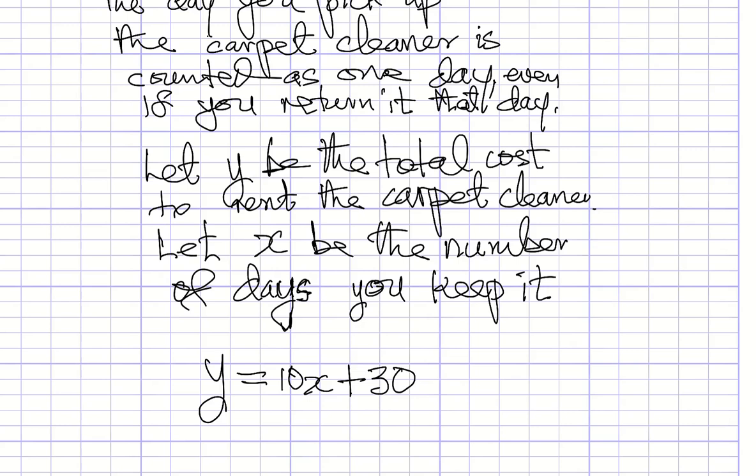That's the general equation. The y is the total cost and x is the number of days. Notice that that's a linear equation in two variables. The first variable is y, the second variable is x. So this is a perfect example of a linear equation in two variables. The equation is linear, it's a line, and it has two variables, you see.